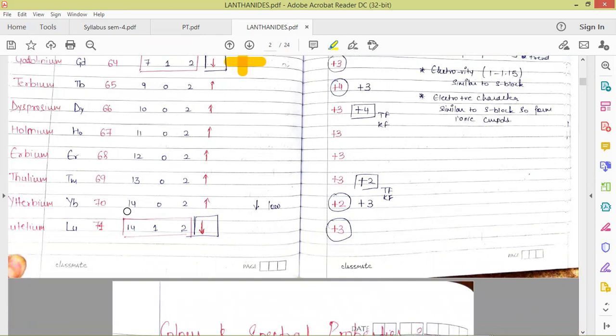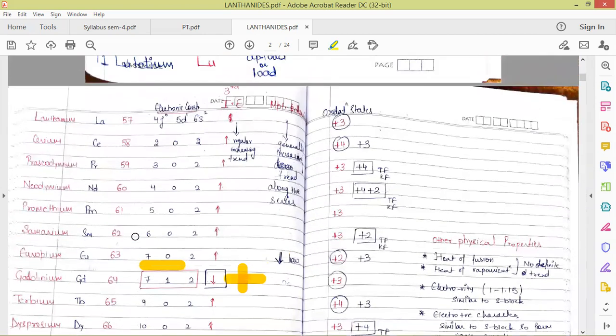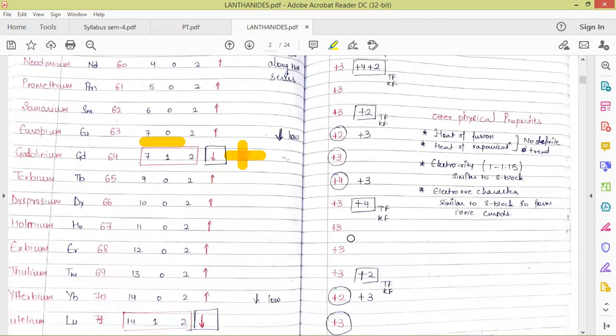Similarly here it is +2, because it doesn't want to disturb its fully filled electronic configuration. Here it is +3, because after that it will have exactly fully filled configuration. So this is how oxidation states are there for these lanthanides.